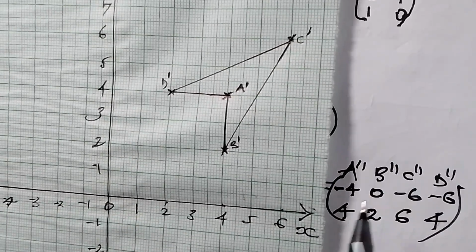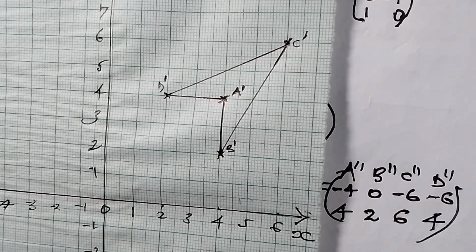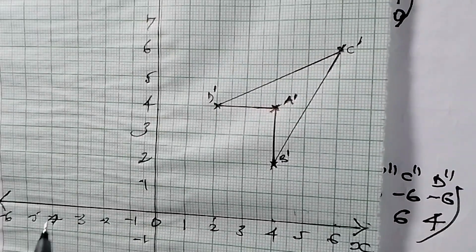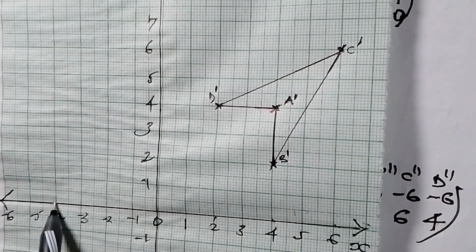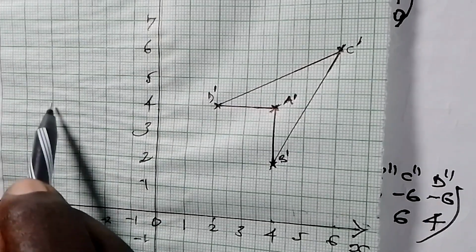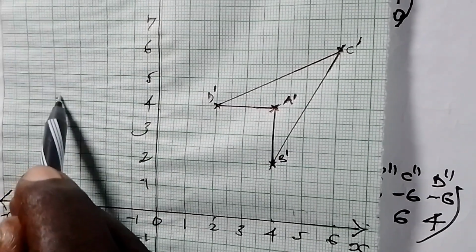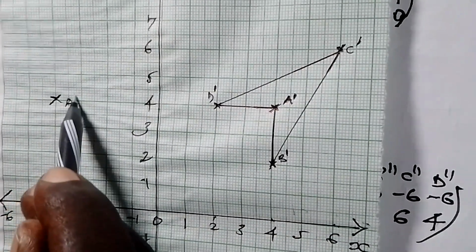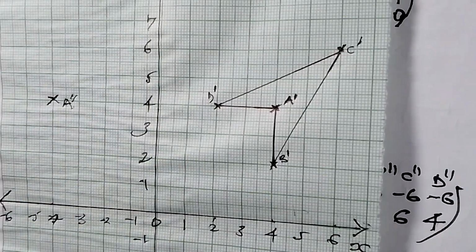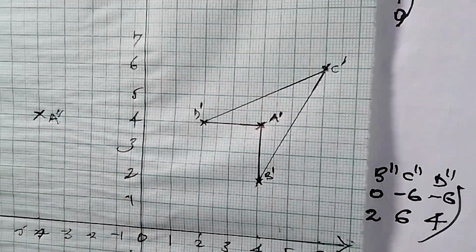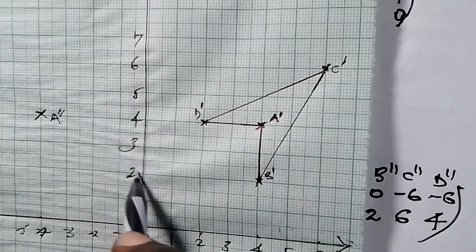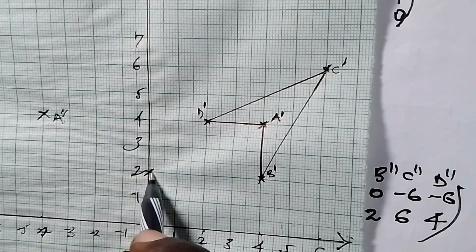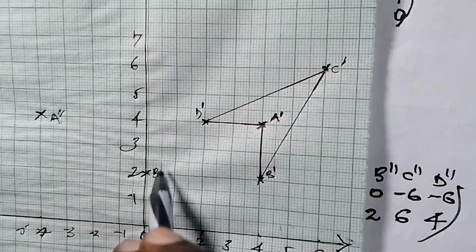A2 is negative 4, 4. Put a mark here. That is A2. B2 is 0, 2. Put a mark here. That is B2.